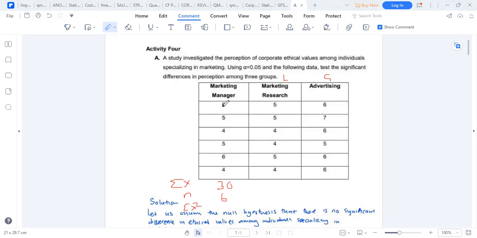Then count how many there are. 1, 2, 3, 4, 5, 6. There are 6. Then square each of them. 6 squared plus 5 squared plus 4 squared plus 5 squared plus 6 squared plus 4 squared, we get 154. So this is 154 we're going to get there.